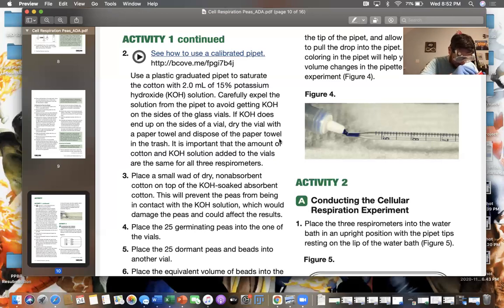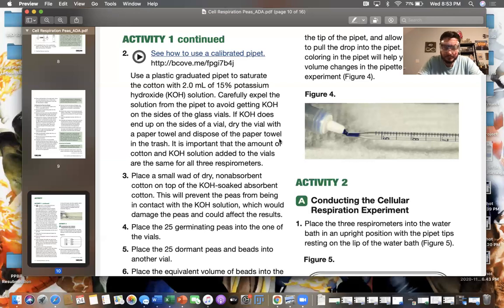Okay. 2 vials done. Okay, 3 vials done. So make sure your lid is back on the potassium. Whatever's left, we're gonna put that right off to the side.